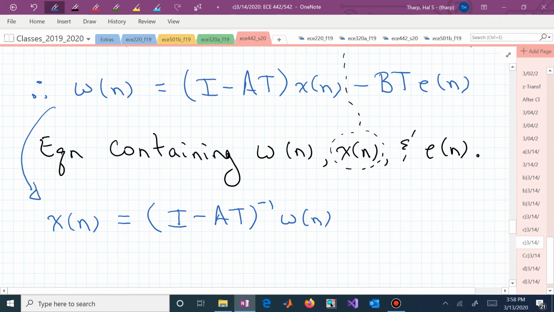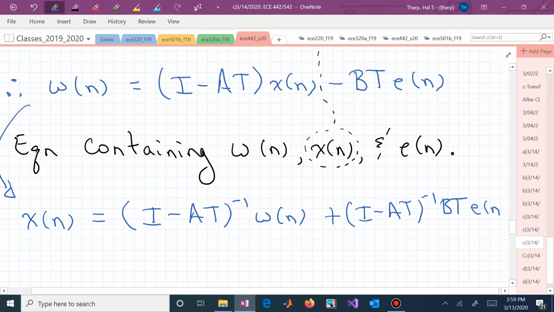And let's put the e of n on the other side, so we're adding (I minus AT) inverse BT e of n. That's little x of n.